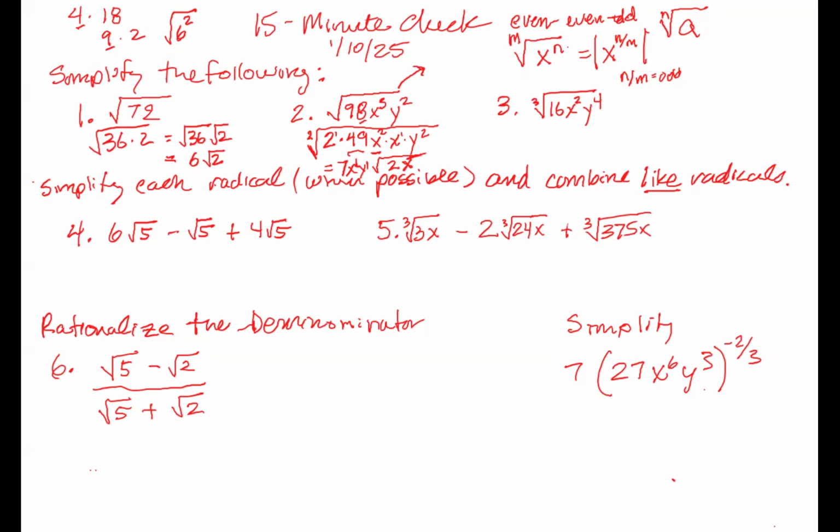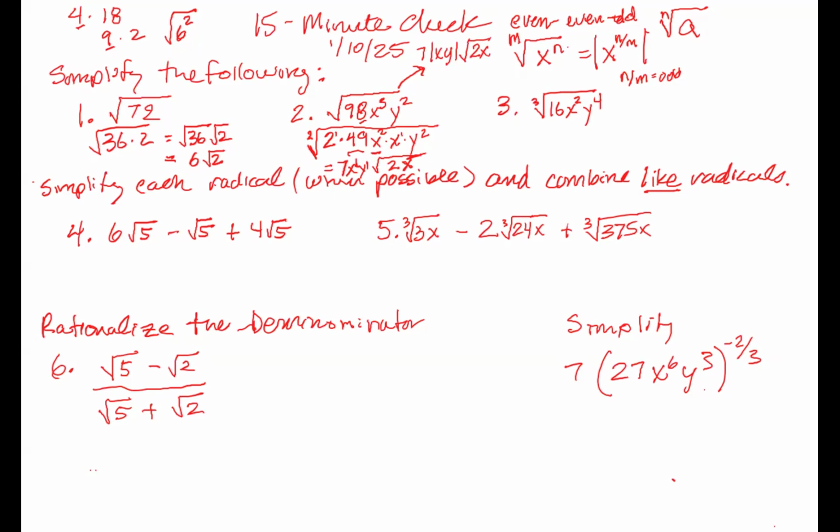So technically, if we're not saying x or y have to be positive, we should have absolute value signs around those. This is not something I'm going to test you on, but I just want to bring that up. Some of you might remember that. Some of you may not. But technically, without the assumption that x and y represent positive numbers, we need to put absolute values around the x and the y.